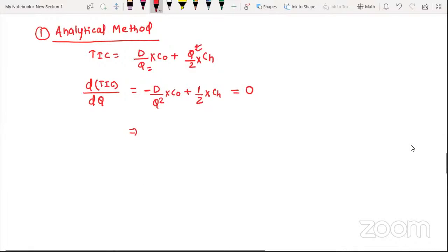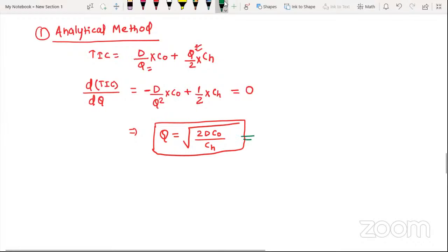From here the value of Q you will get is the square root of 2 D C naught by CH.